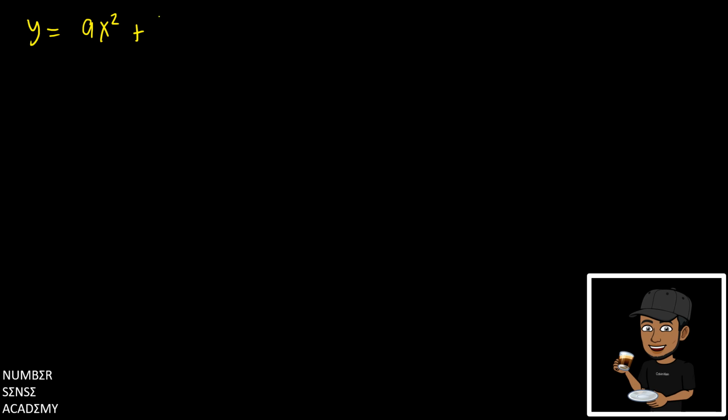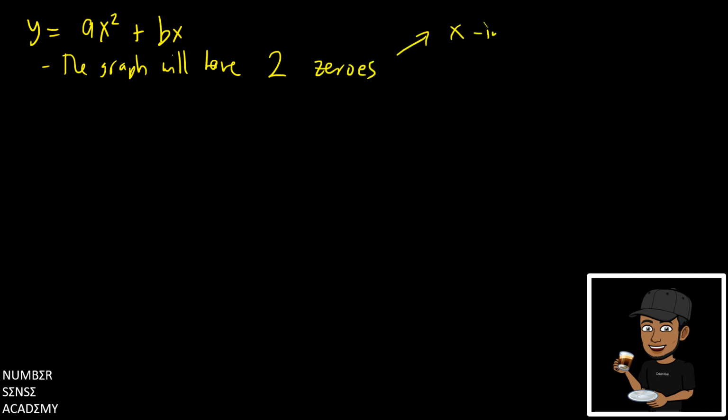What happens if I have ax squared plus bx? A couple things happen. The graph or the equation will have two zeros. What are zeros? Zeros are x-intercepts, also known as roots.